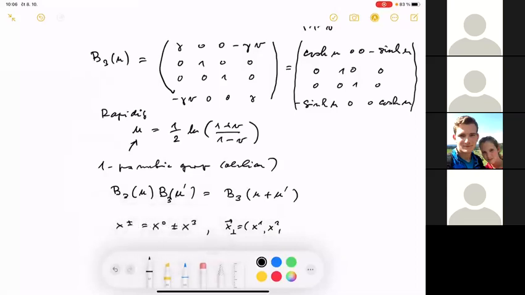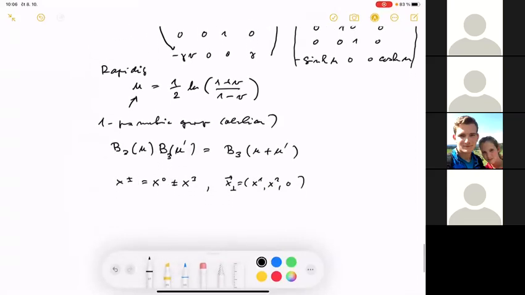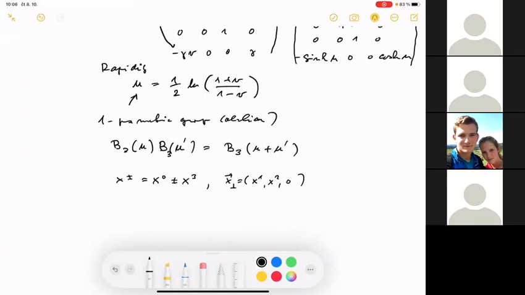And in terms of these coordinates, the boost B3(u) acts as x'^± is nothing else but e^(∓u) times x^±, and x'_perp, the two-dimensional vector orthogonal to the third axis, is not changed.